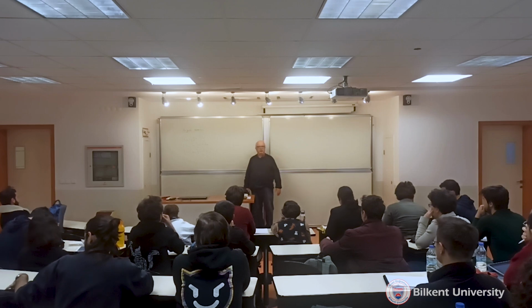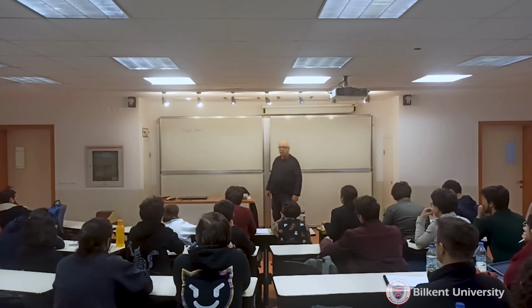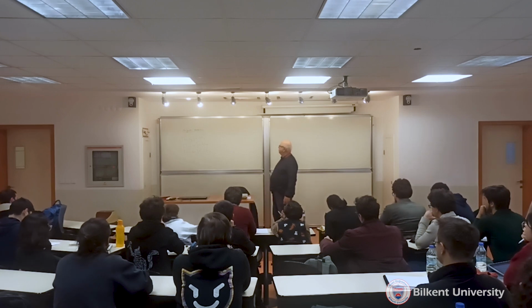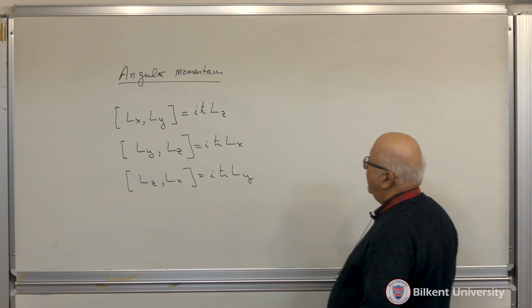So in that sense, there's no problem with that. These are three directions that we choose, in rectangular coordinates, three independent directions. But we can also look at the total angular momentum.